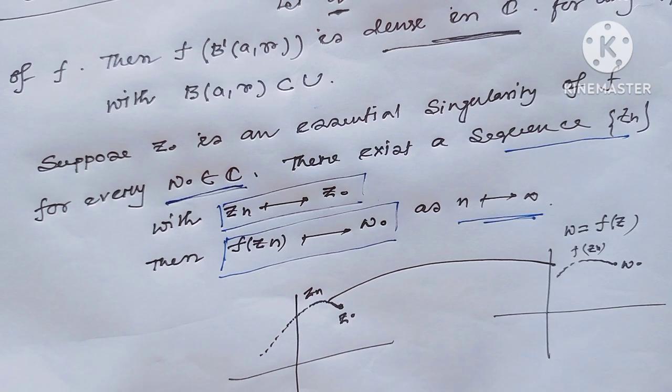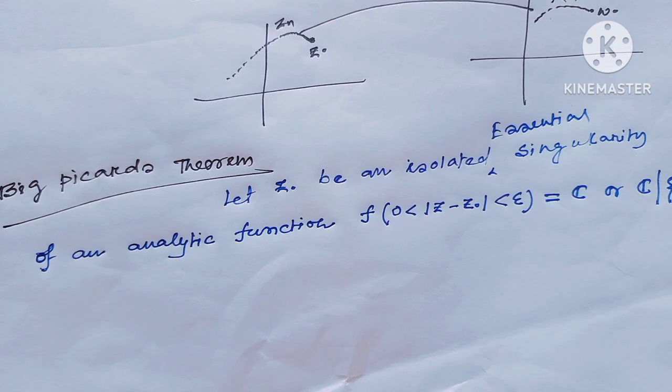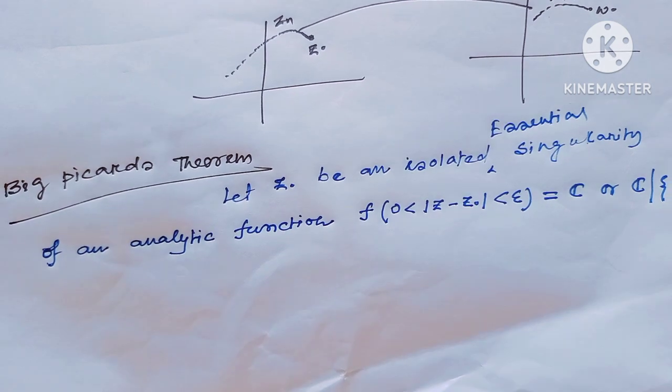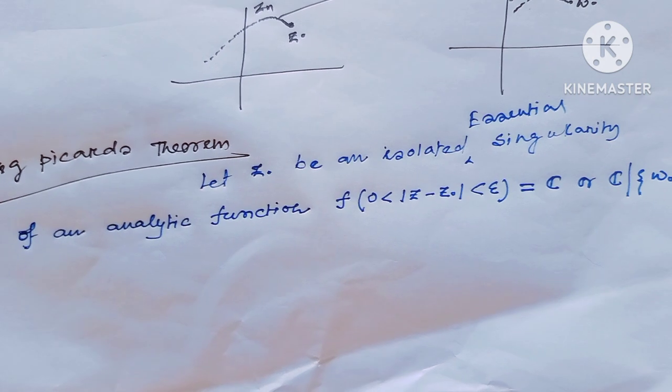Another behavior of an essential singularity is the Big Picard's theorem, which is similar to the Casorati-Weierstrass theorem. The statement of Big Picard's theorem is: let z0 be an isolated essential singularity of an analytic function f.